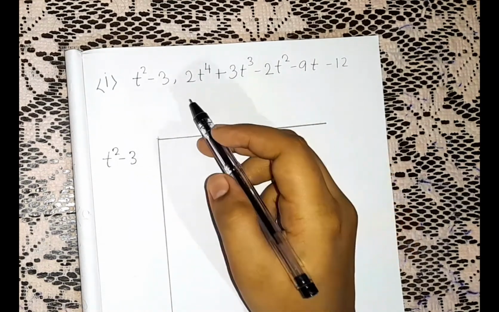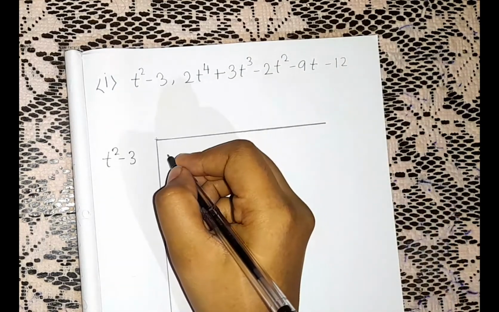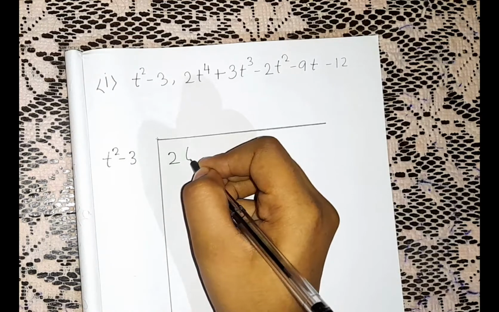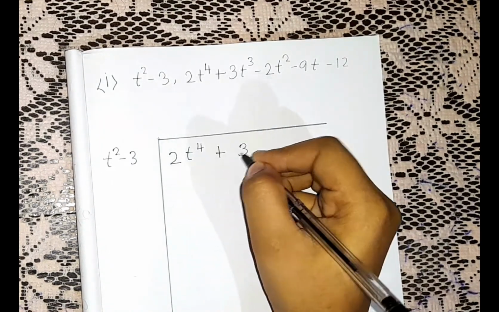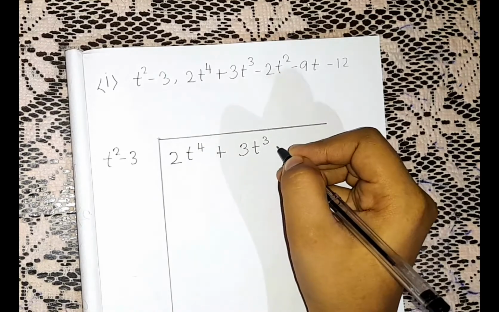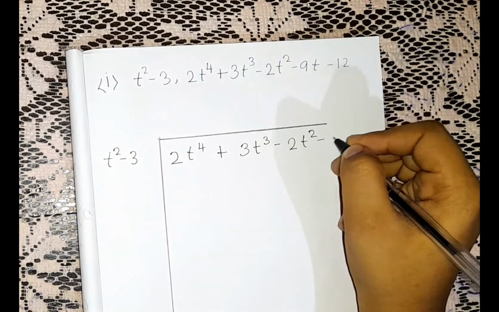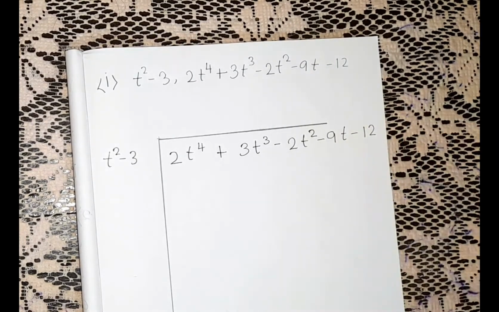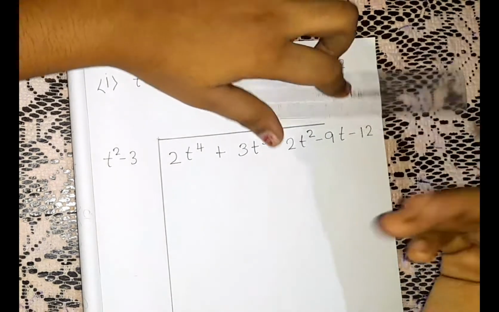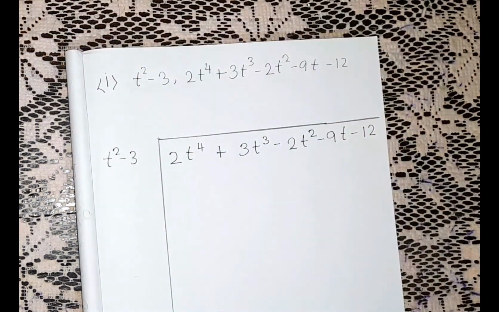Now we are going to be writing these values inside. So the first value is 2t power 4 plus 3t cube minus 2t square minus 9t minus 12. Okay, I wrote these values inside it. Let me just extend the line.